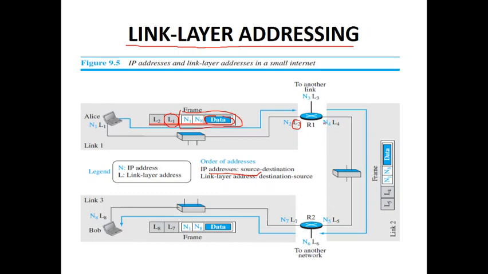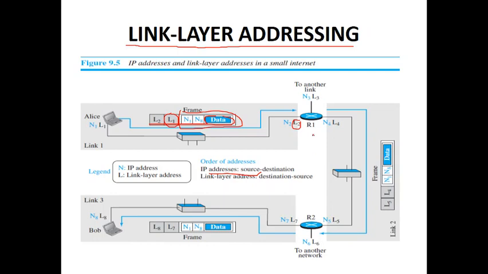Always remember, the link layer address, or what we call the MAC address, will be changed in every device. The sender and receiver MAC address or physical address will be changed in every device, but the IP address will not be changed. Whenever it is added at the actual sender, it will not be changed in the intermediate nodes. Only the physical address or the MAC address will be changed.